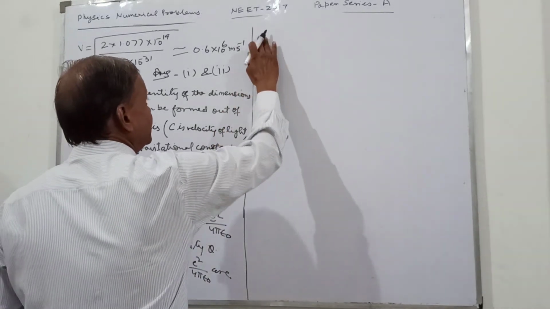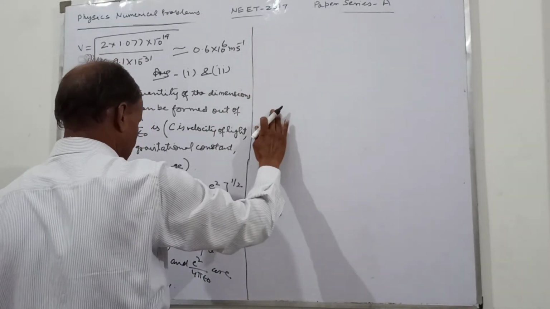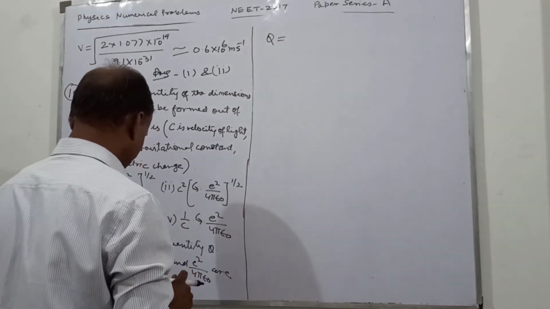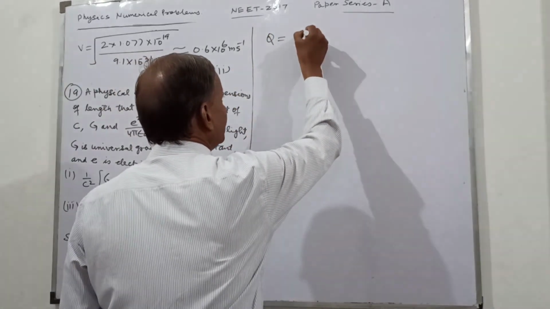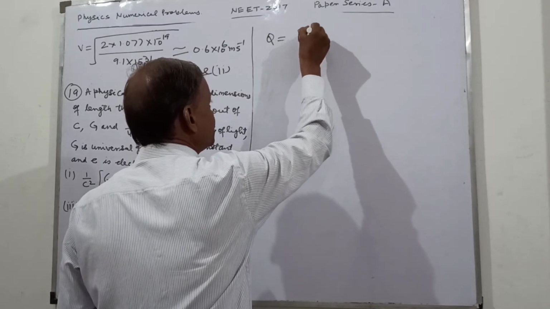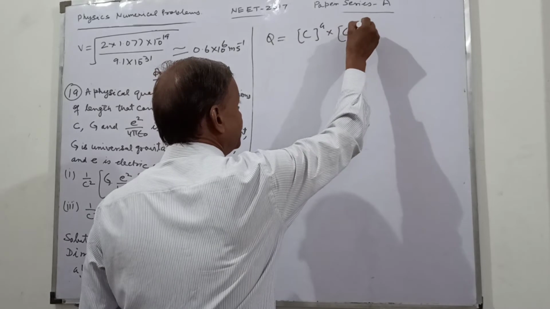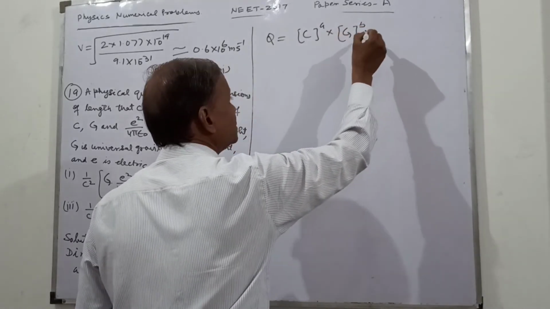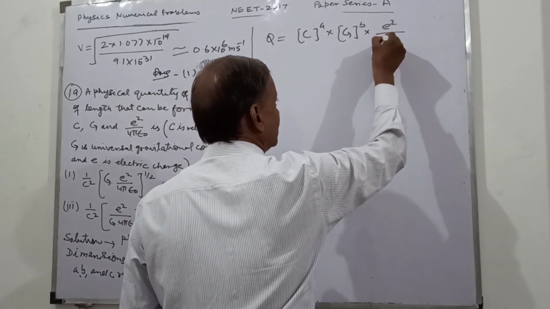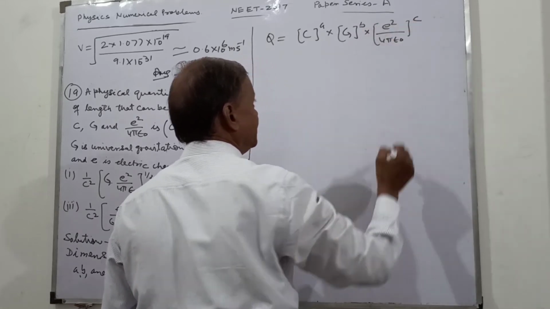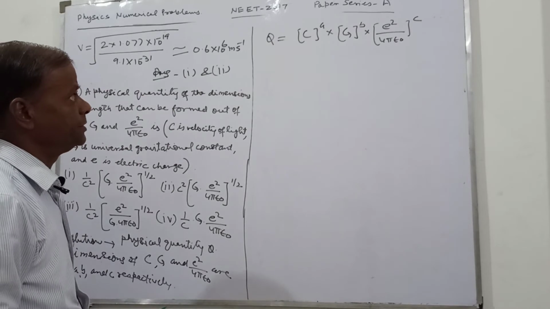So now what we have is that Q is equal to C raised to power a, G raised to power b, and this e square upon 4 pi epsilon naught depends upon the power c.